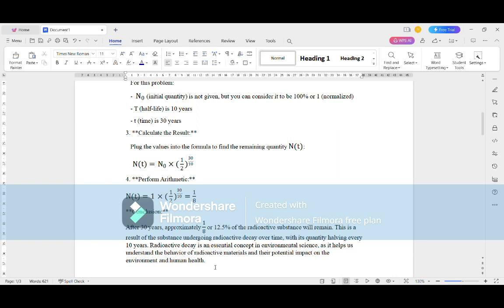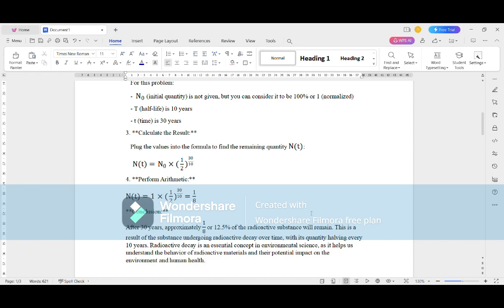Radioactive decay is an essential concept in environmental science, as it helps us understand the behavior of radioactive materials and their potential impact on the environment and human health.